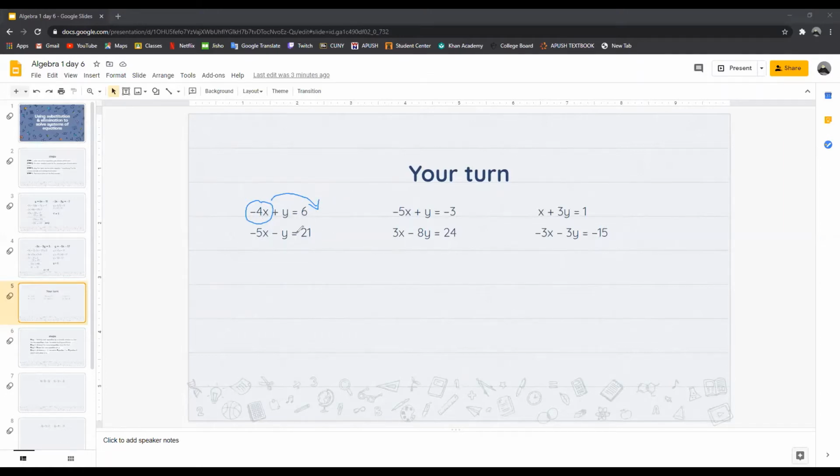So essentially, it will look like y equals 6 plus 4x. You don't have to do anything to this equation because we have y alone. So you would take negative 5x minus, and then put these two numbers in parentheses in your equation.